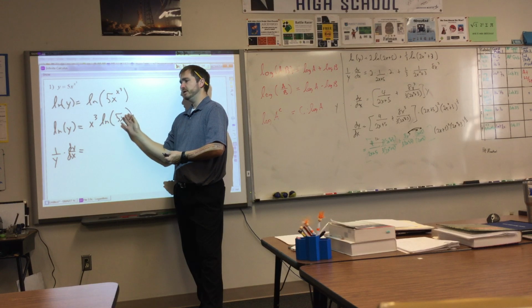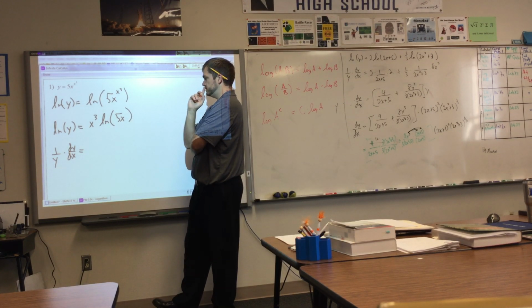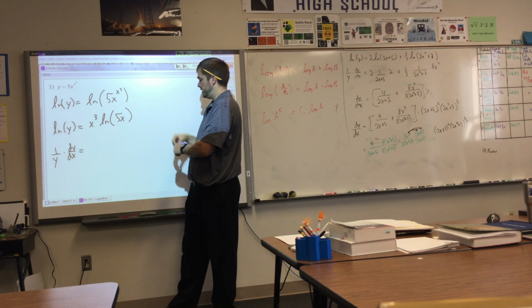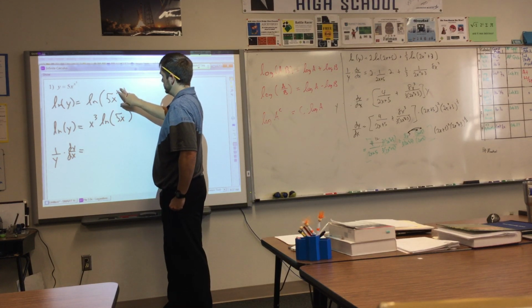X cubed times ln of 5x. Sure. I thought the exponent had to be outside the parentheses to move over. Ooh, yeah, it does. I like that. Okay, so you're telling me that, and I think, yeah, yes.